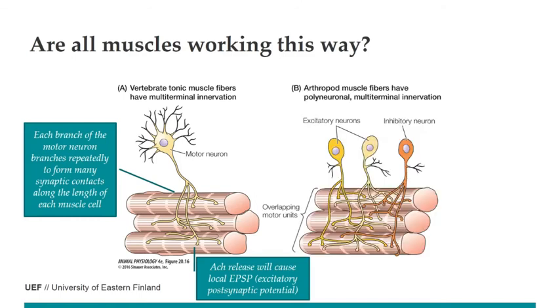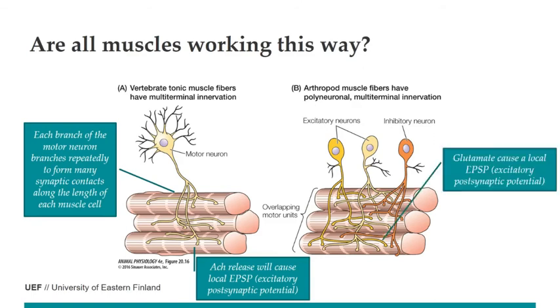But in the arthropods, we have a different kind of motor neurons. There can be glutamate that is causing a local excitatory postsynaptic potential. But there are other neurons that are also touching the same skeletal muscle cells.